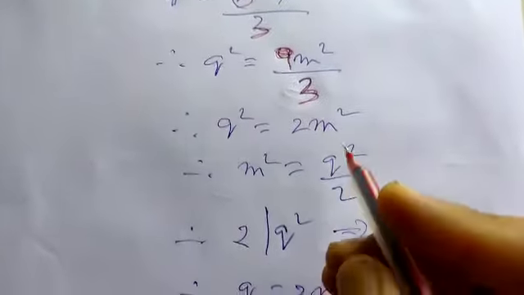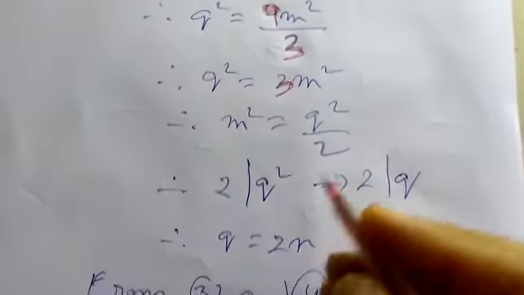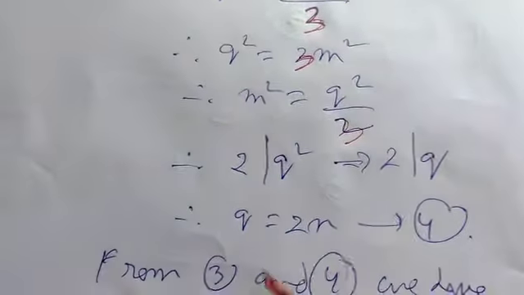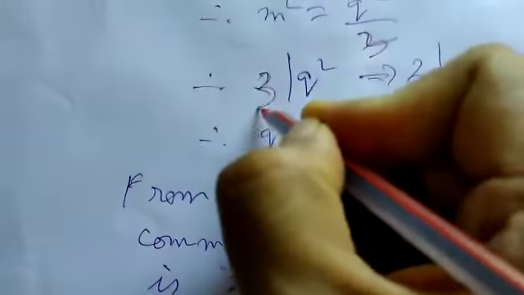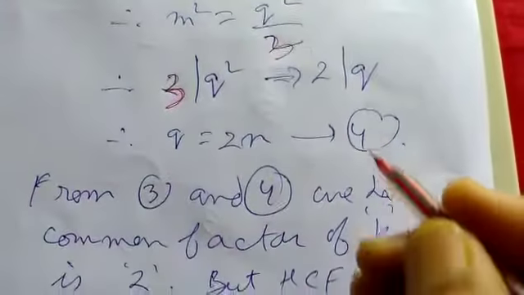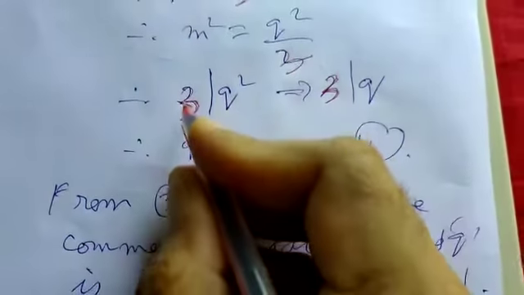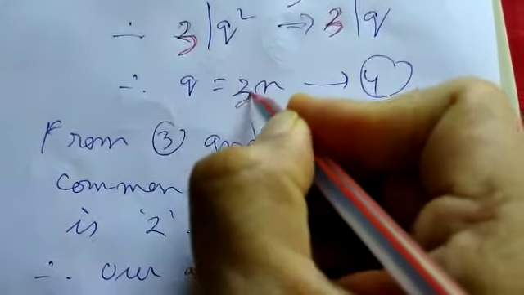So q square equals 3m square, and m square equals q square by 3. Since m square equals q square by 3, 3 will divide q square, and this gives 3 divides q, because 3 is a prime number. So we can write q equal to 3 into n.